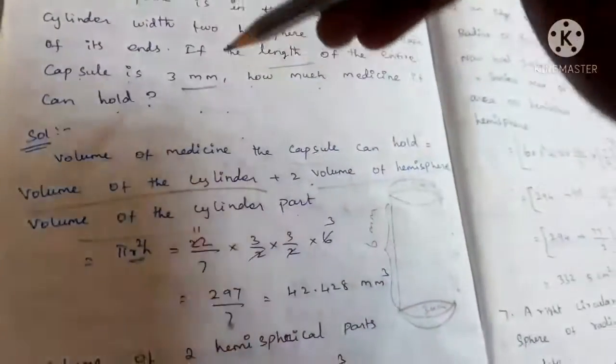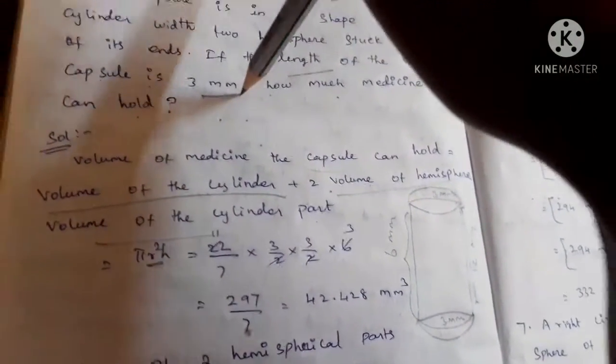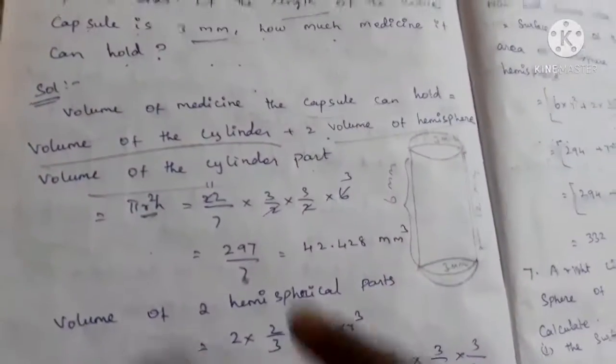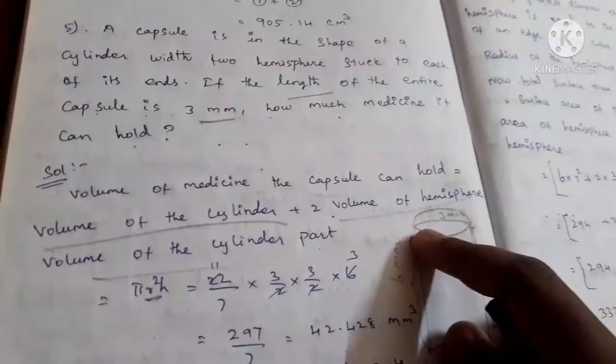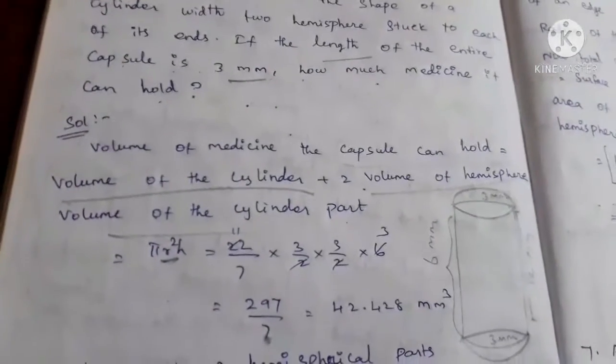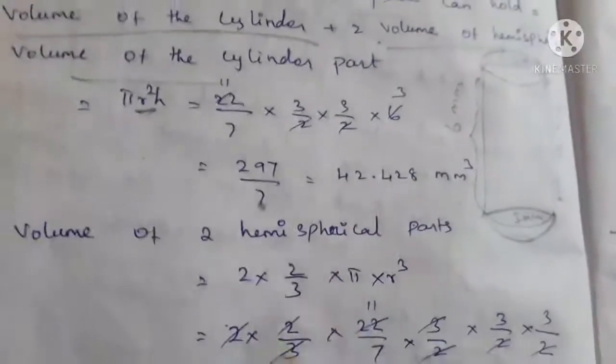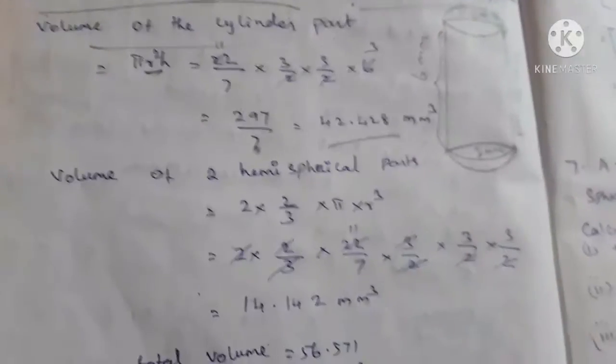This is given as diameter, so you take 3 by 2 as radius. So 3 by 2 into 3 by 2 into 6. The height is 6 millimeter. When you cancel it, you will get 42.428 millimeter cube.